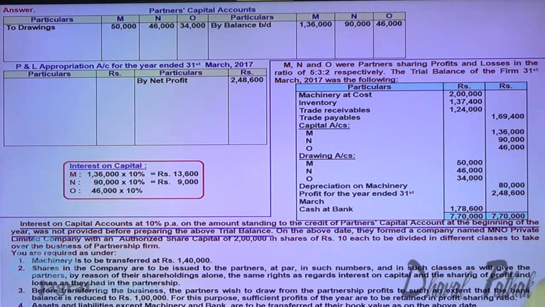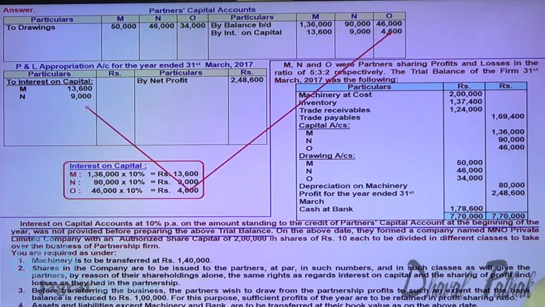For O, 46,000 into 10%, 4,600. Interest on capital is credited to the capital account and debited to profit and loss appropriation account. Same way for N. Profit and loss appropriation account debit to capital account credit. Same way for O. Profit and loss appropriation account debit to capital account.